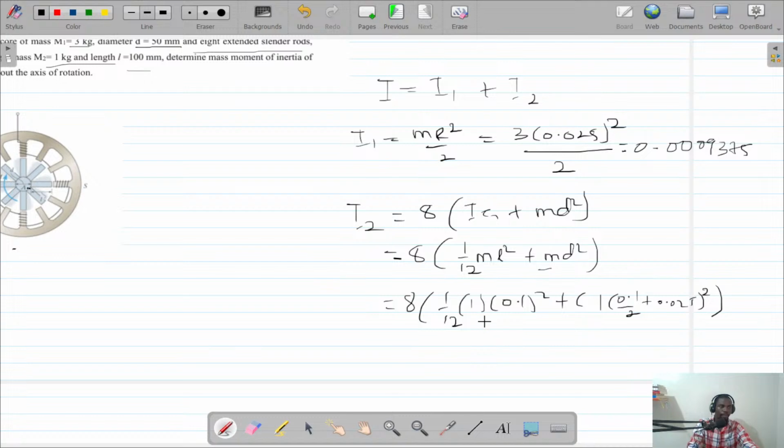375, and then I2 would be 8 multiplying 1 on 12 multiplying 0.1 squared plus 0.1 on 2 plus 0.025 all squared 6.